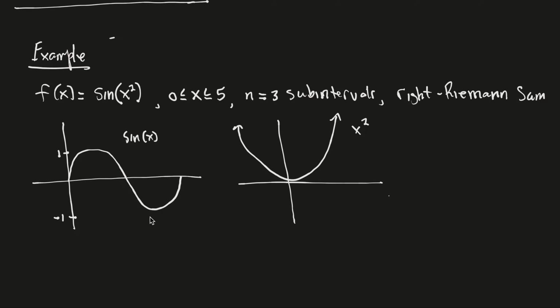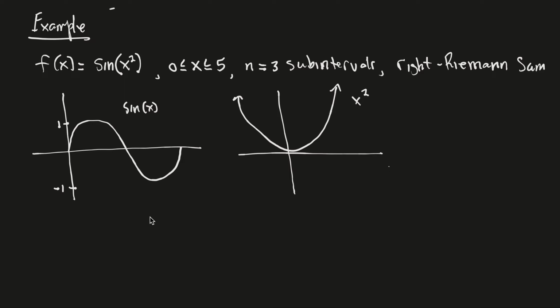So here is a sketch of this function, just so you have an idea. And I'll only sketch it over the interval 0 to 5. Now, remember what we had said, that the basic sine of x function has a period of 2 pi. Well, when you square that x first, you're looking at values from 0 to 25.